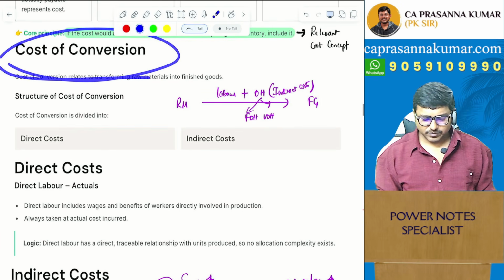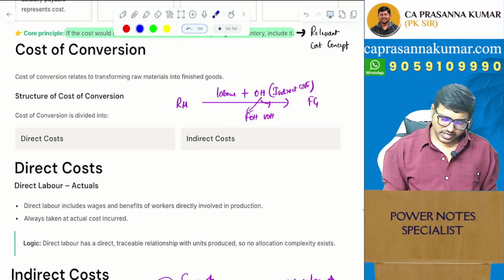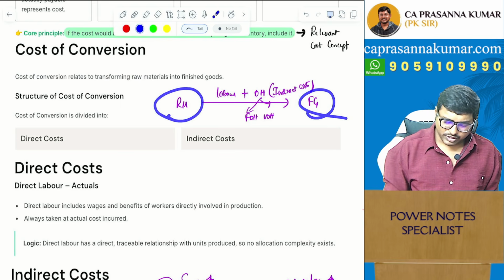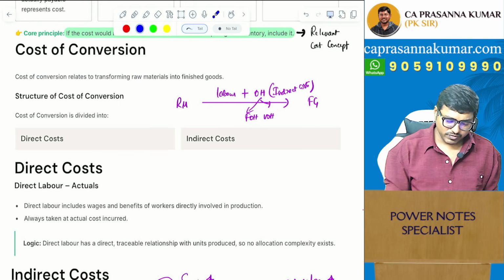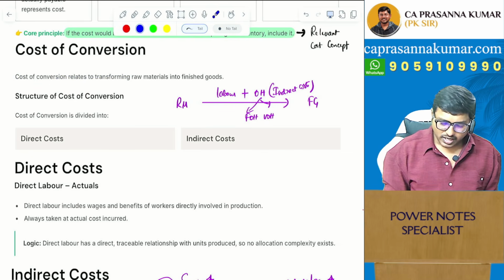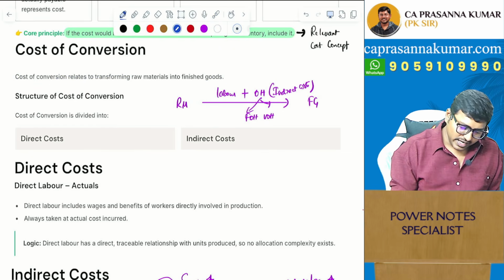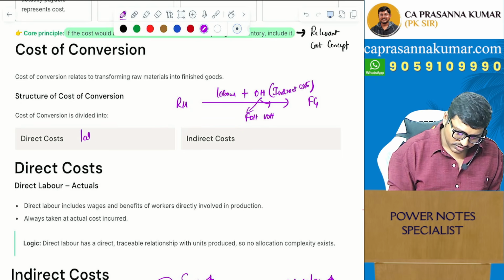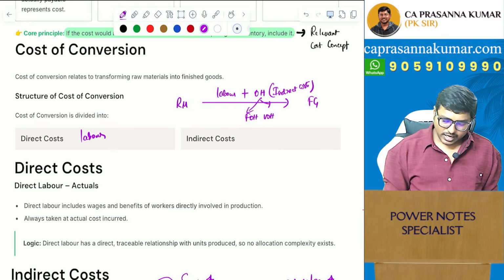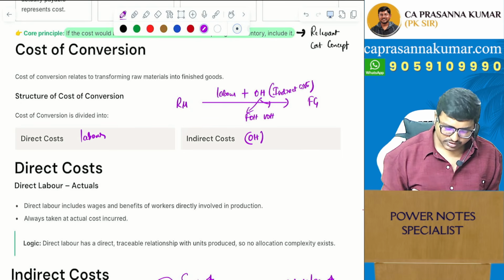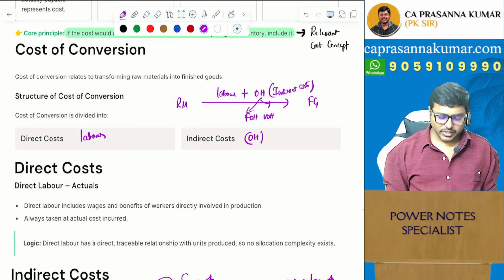Cost of conversion. What about cost of conversion? Very easy. Raw material will be converted into finished goods. So whatever the cost that you incur for conversion, we call it cost of conversion, which includes labor as well as overheads. Labor is referred to as direct cost, and overheads is referred to as indirect cost. Got the point?